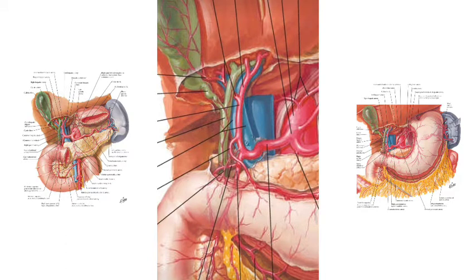And this is the inferior vena cava, which forms the posterior boundary of the epiploic foramen.